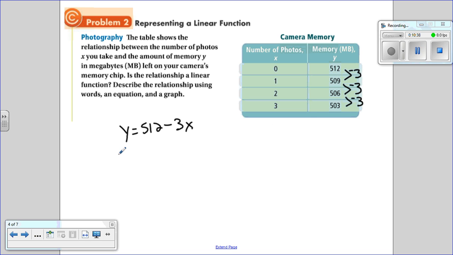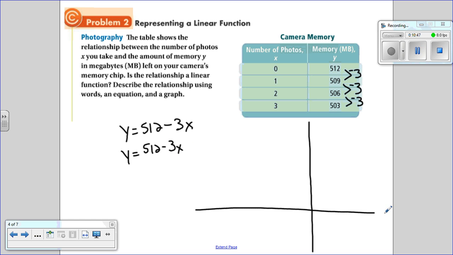Okay. y equals 512 minus 3x. We're going to do a zoomed-in view. So here's where 500 starts. That's 500. That's 505. That's 510. That's 512. And this is how many photos we've taken.